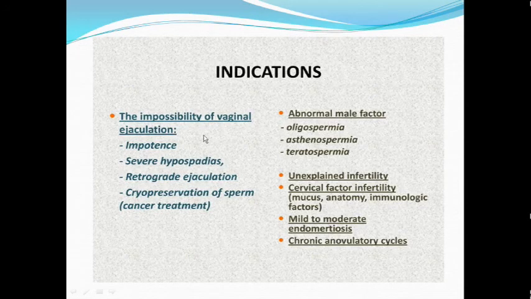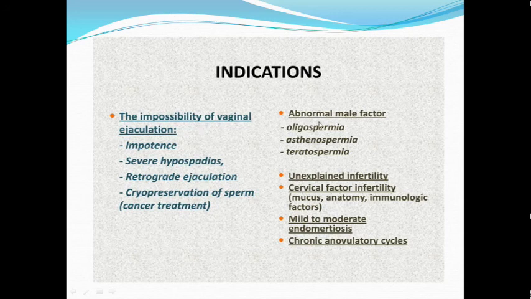What are the different indications of IUI? If there is an impossibility of vaginal ejaculation, impotence, severe hypospadias, retrograde ejaculation, or cryopreservation of sperm in case of cancer treatment, you can go for IUI.